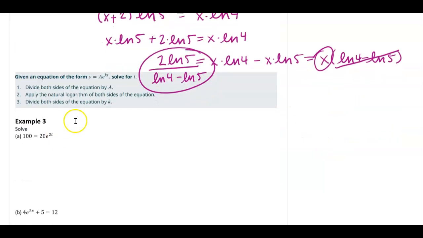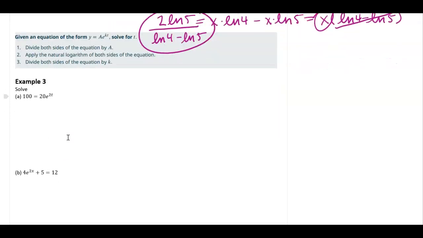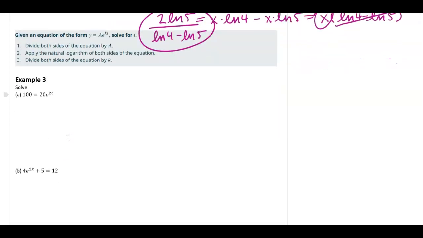All right, if I also have something of the form e to the kt, then you would want to make sure that if you have a term in the front, you divide by that and then use the natural log like we did in this last example to undo the e power. What I mean by that is this first example, divide both sides by 20. And so you get 5 equals e to the 2t.